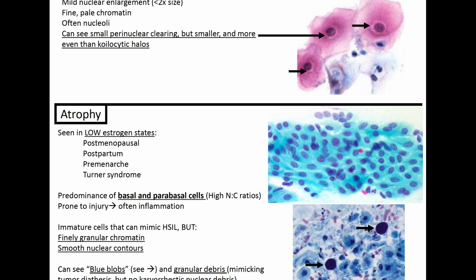So in atrophy, as I mentioned earlier, you're going to see a predominance of basal and parabasal cells that have those high N/C ratios, and it can be prone to injury, and there's often inflammation.